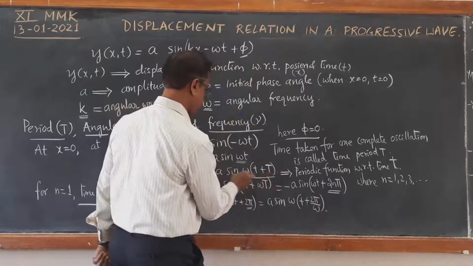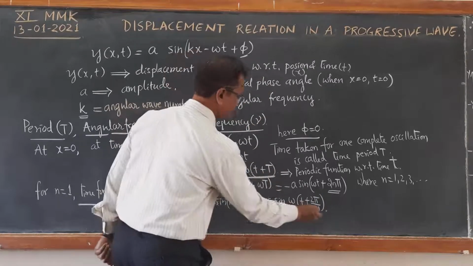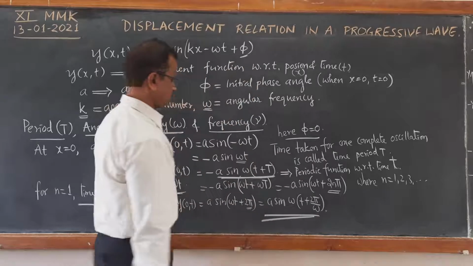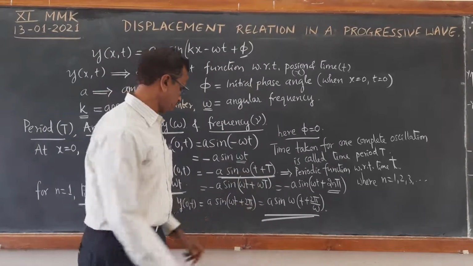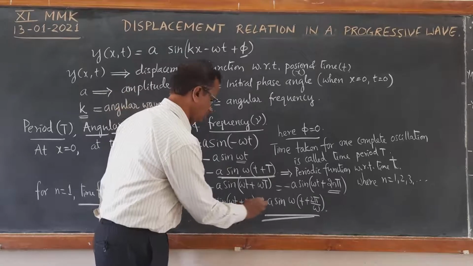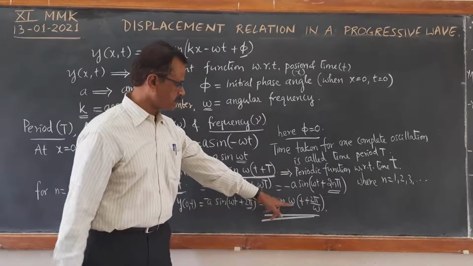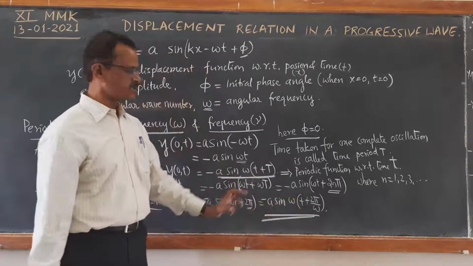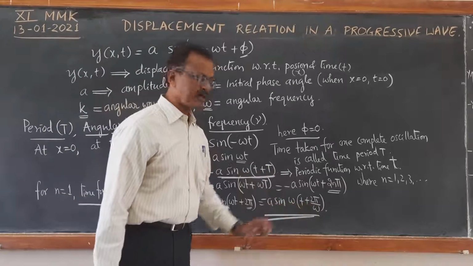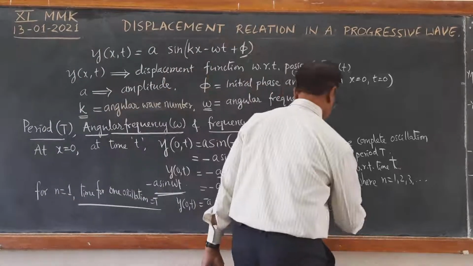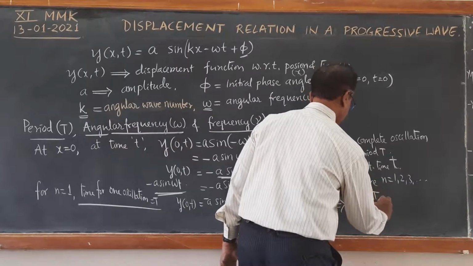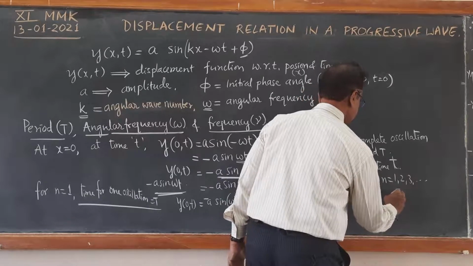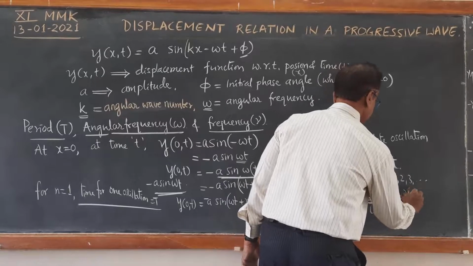So look at this equation and this equation. I have taken out omega here, so it is t plus capital T. Here also omega is being taken out, t plus 2 pi by omega. This implies that capital T is equal to 2 pi by omega, and omega is equal to 2 pi by T.